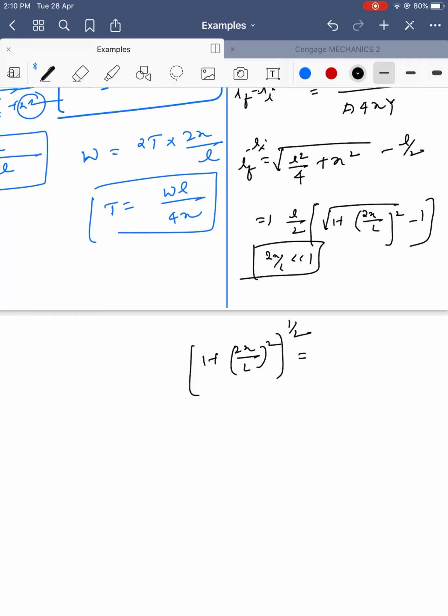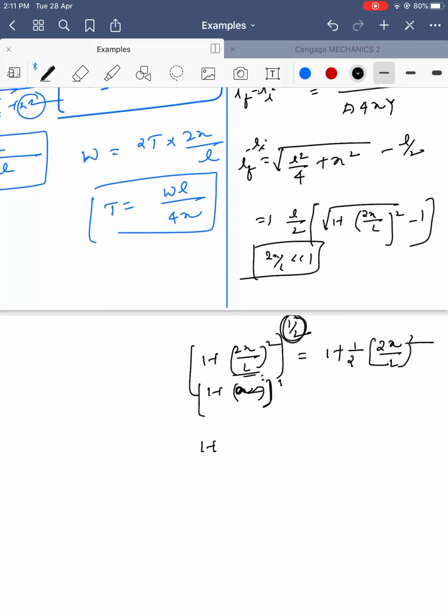I am just comparing: instead of x, consider it as a, 1 plus a whole power, where a rational number is given as the power, and it becomes 1 plus 1 by 2 into a, where a is 2x by L whole square.